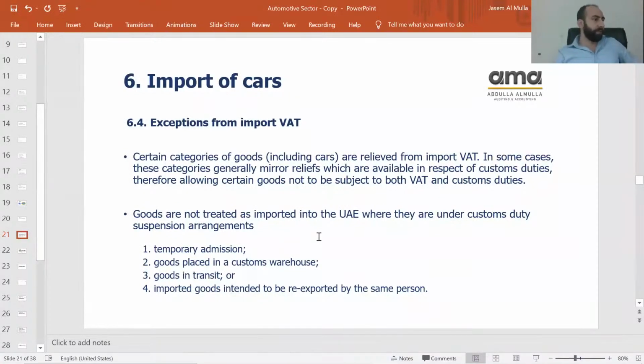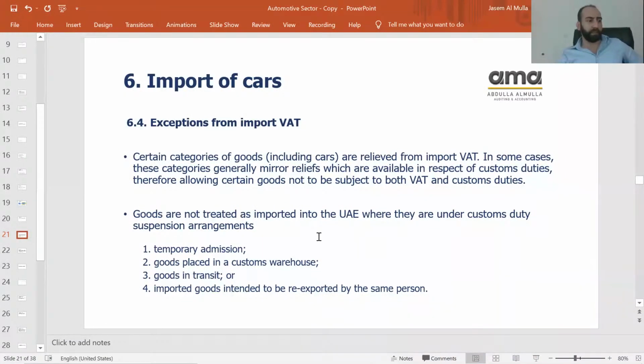Where any of the above exceptions applies, the movement of goods into the UAE is not treated as an import and therefore not subject to import VAT. If any conditions for the VAT suspension are subsequently broken, the goods can be treated as having been imported into the UAE and the VAT will become due on the import from the date the goods were imported.